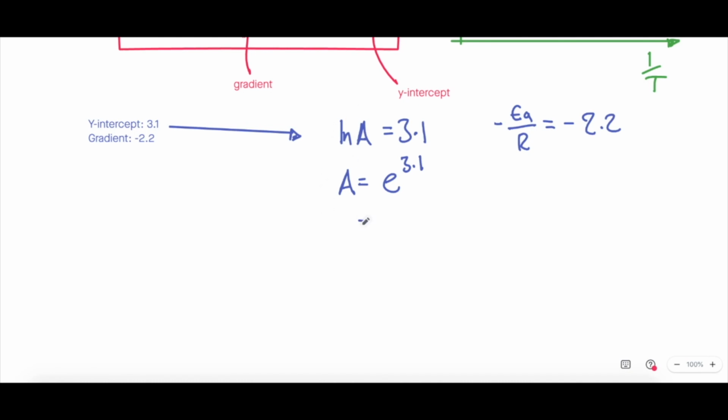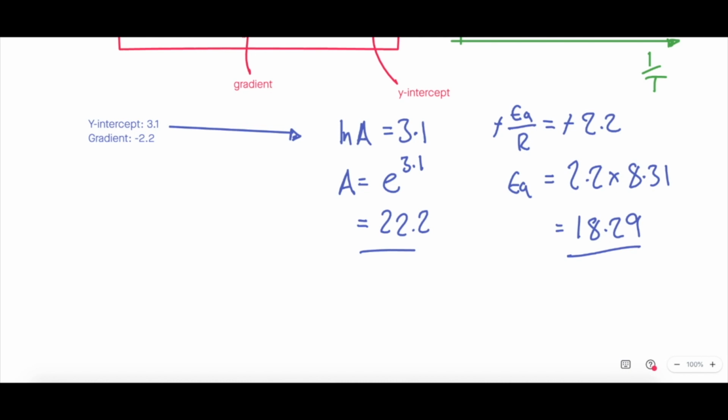You look for the exponential button on your calculator, type in 3.1, and you should get an answer of 22.2. And to work out the activation energy, first of all, you can cancel out your minus signs. And you just do 2.2 times 8.31, which should give you 18.29.